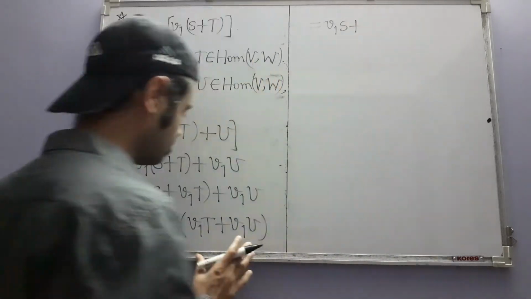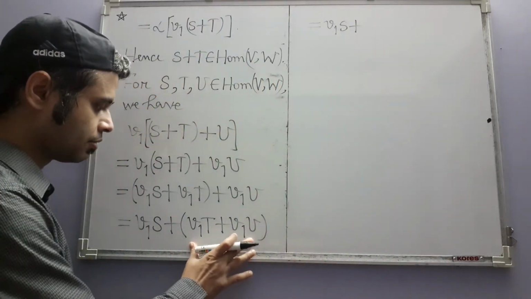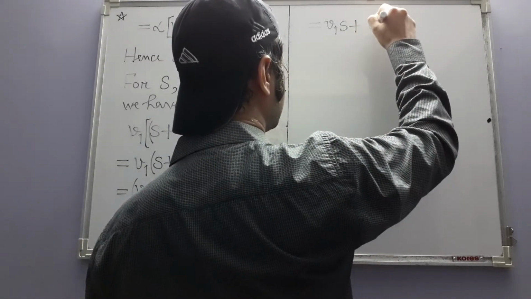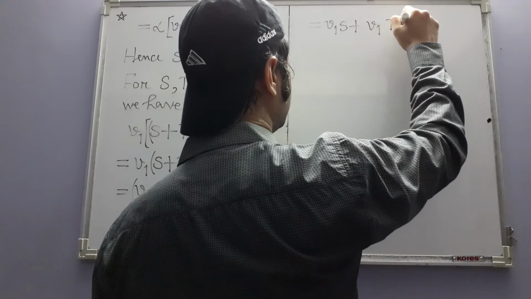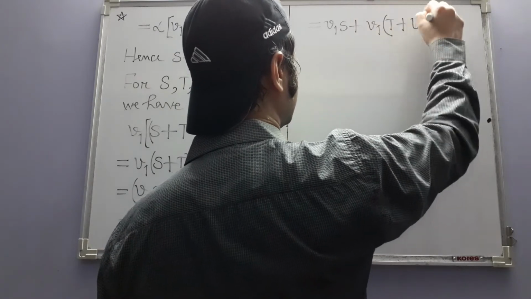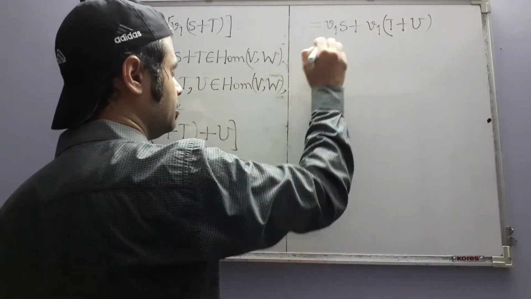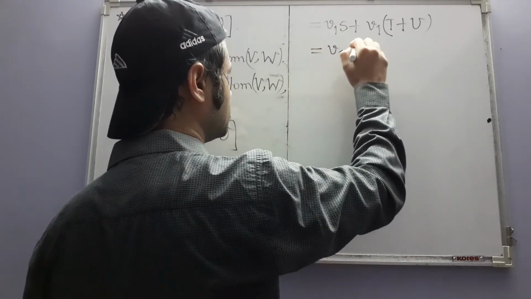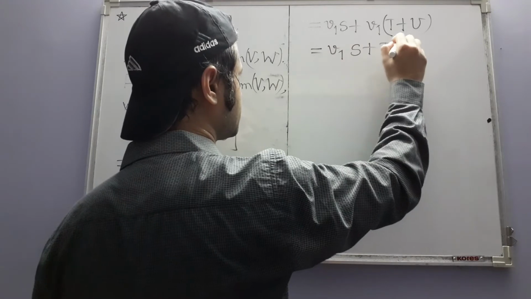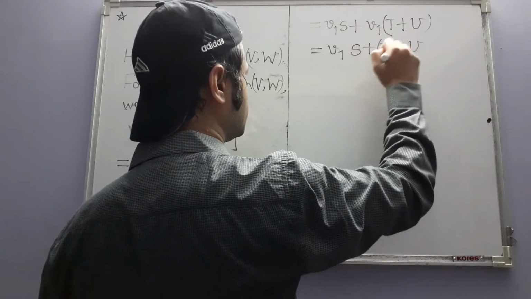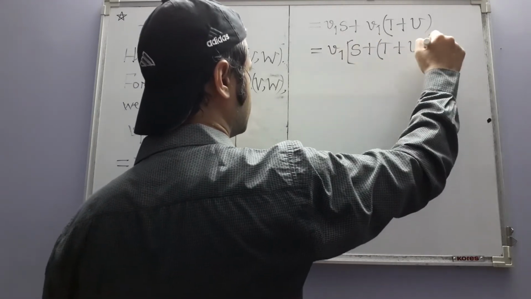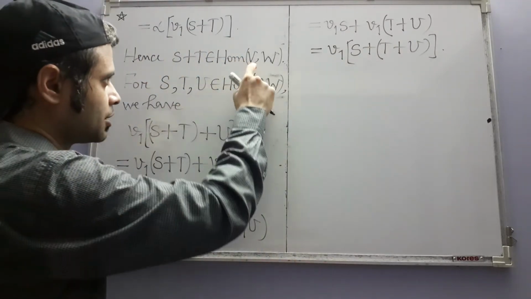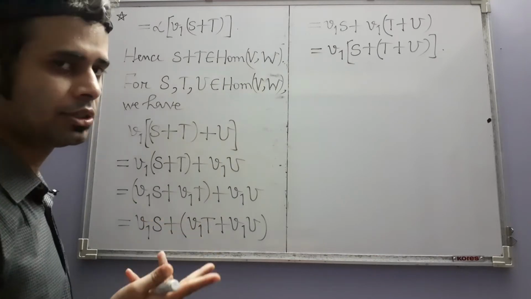So the thing you see within the parenthesis, that is the T plus U image of V1. Then again once more using the definition of sum, this is the S plus (T plus U) image of V1. Now you can see that this V1 that we have chosen from the space V is an arbitrary vector.